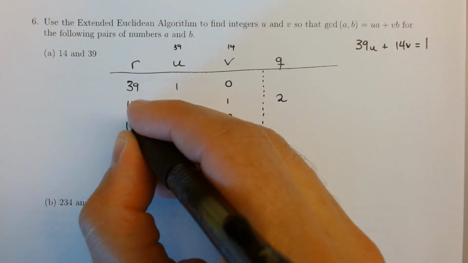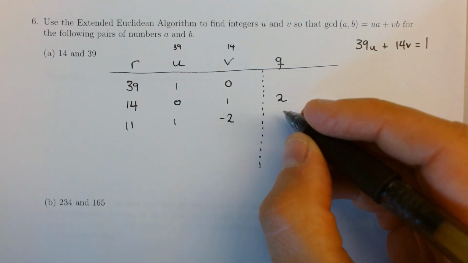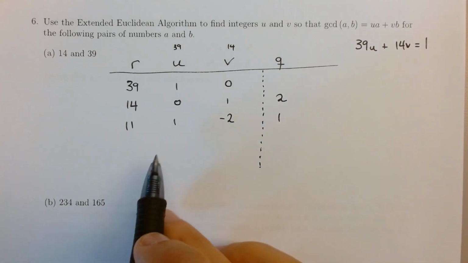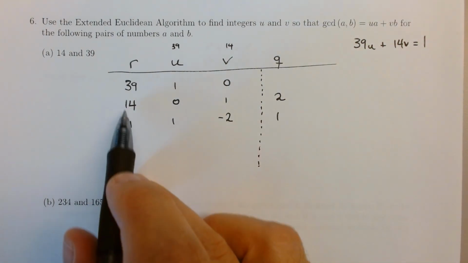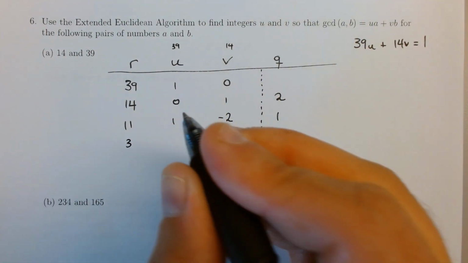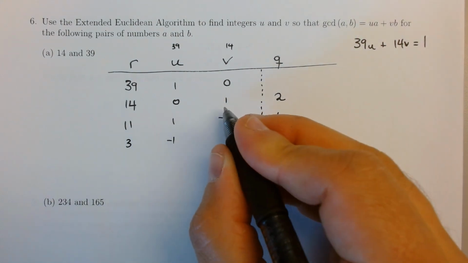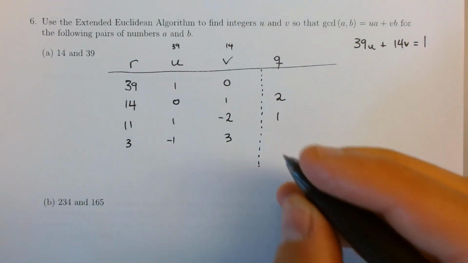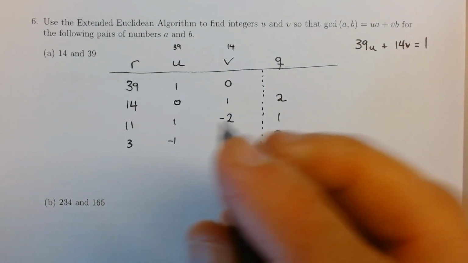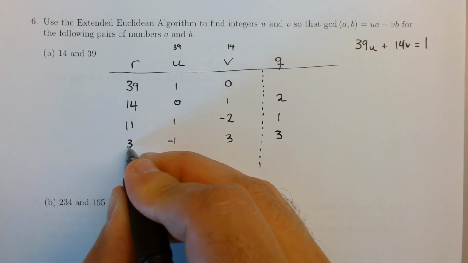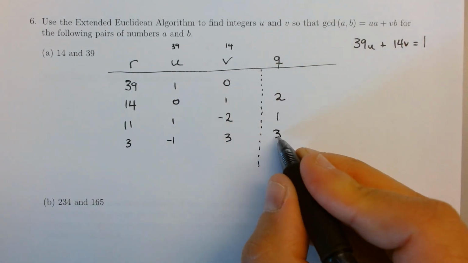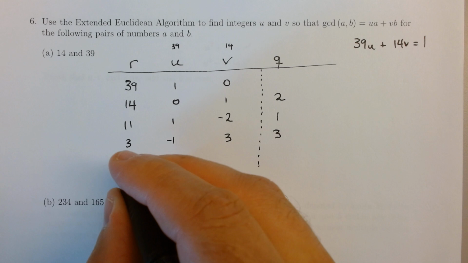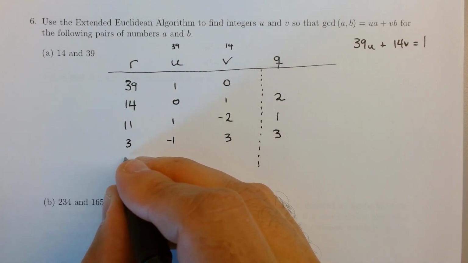Now we're going to divide 11 into 14. That only goes in once. And so here we just subtract. If it's just a 1, you just subtract down. So that's a 3. Subtracting gives you a minus 1. Subtracting gives you a positive 3. Keep dividing. 3 into 11 goes in 3 times. So 11 minus 9, so multiplying this row by 3 gives you 2.